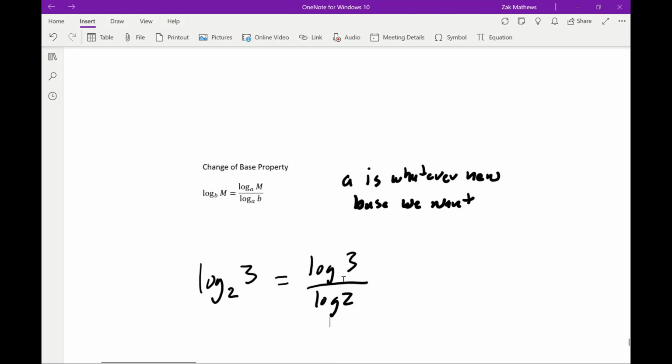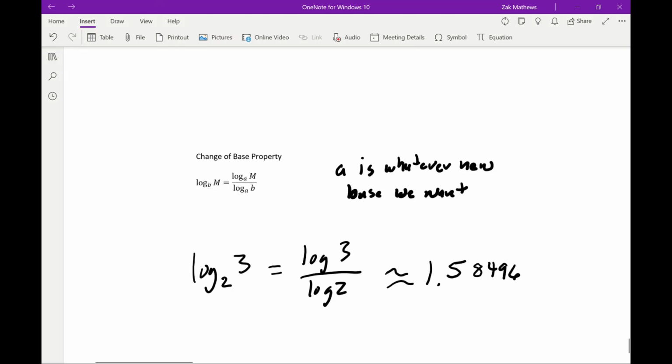There is an a there, it's just 10, so we don't have to write it down because it's standard log. So now this is something we can put into the calculator. And when we do, we get approximately, because logs are not precise values, they are irrational, 1.58496, and so on. The next digit would be a 2, but I'll round it there to 5 decimal places.